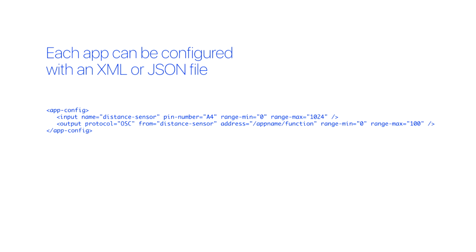When you use Firmata on the Arduino, you can easily reprogram it on the fly from an openFrameworks app. And then you can decide what to do with the inputs. So in this case, we're taking the inputs from the distance sensor, sending it over OSC, and also converting it to a range between 0 and 100%.